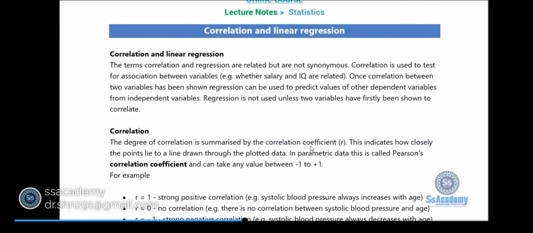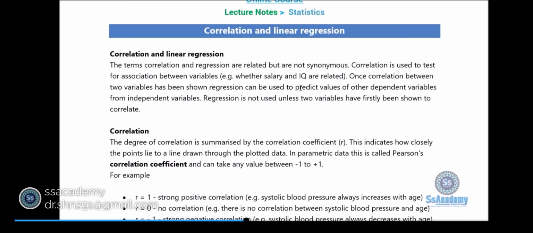Next topic, my dear: correlation and linear regression. Correlation and linear regression is a double star topic. The terms correlation and regression are related but are not synonymous. Correlation is used to test for association between the variables, where salary and IQ are related.